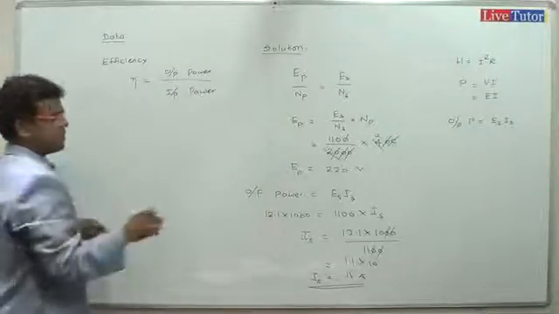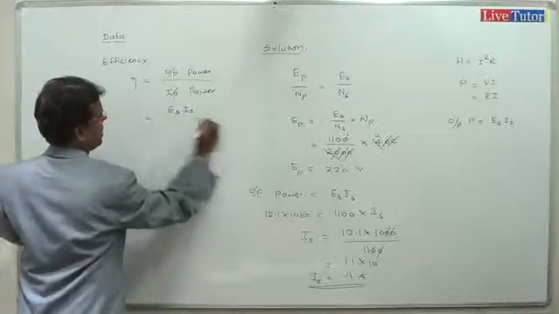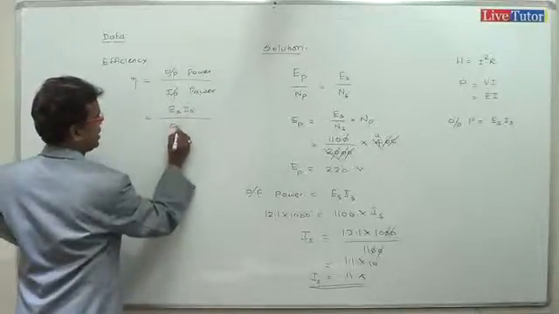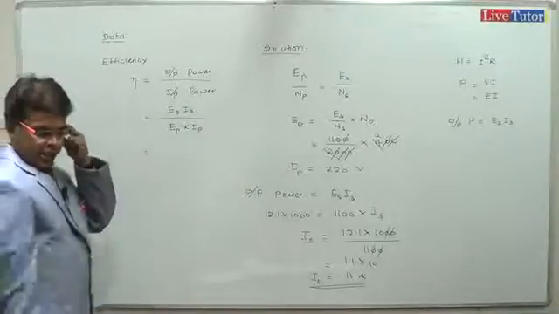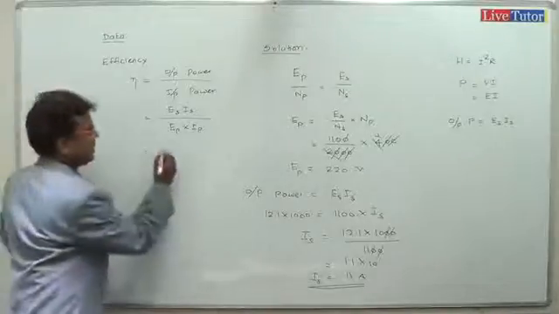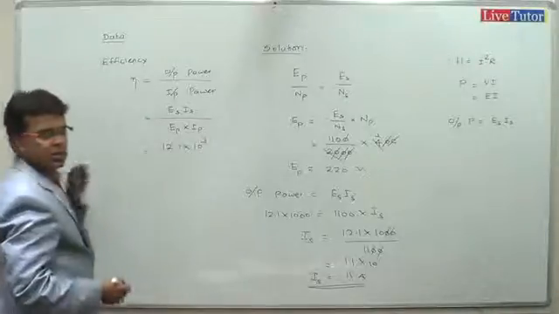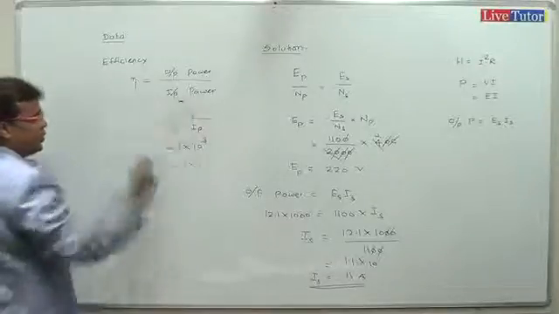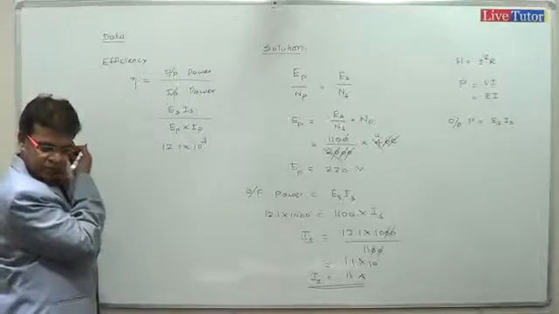So this output power is nothing but ES IS, by input power EP into IP. But here in the textbook the output power is already given. How much is that? That is 12.1 kilowatts. So that we have taken already. Output power is taken already, and we have to find out the input power.